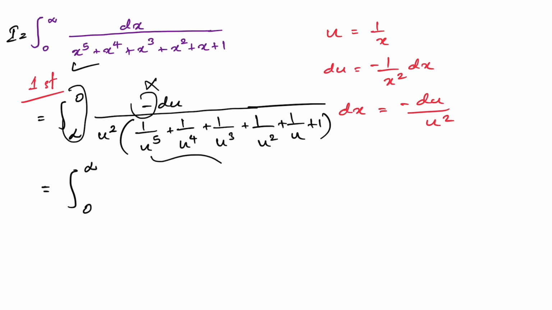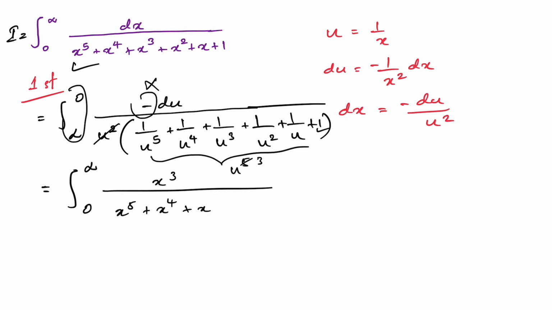At the same time, if we simplify with the common denominator u to the 5th power, and u square gets cancelled, we have in the numerator x cube, so x cube over x to the 5th power plus x to the 4th power plus x cube plus x square plus x plus 1, dx.